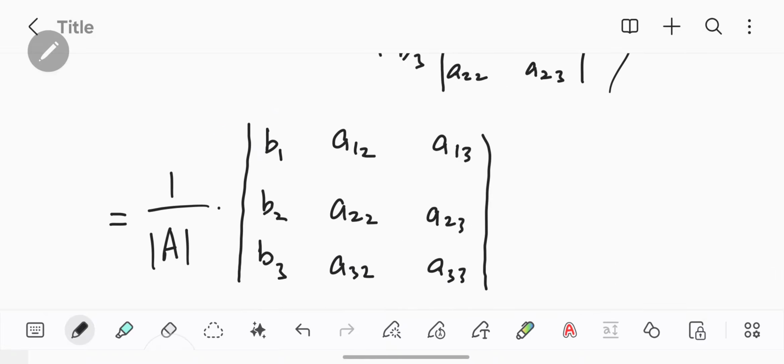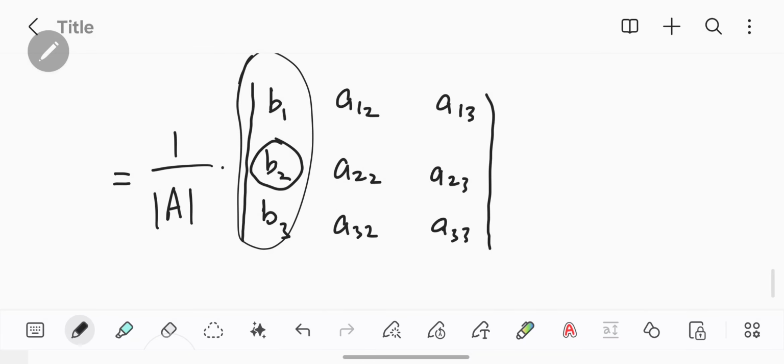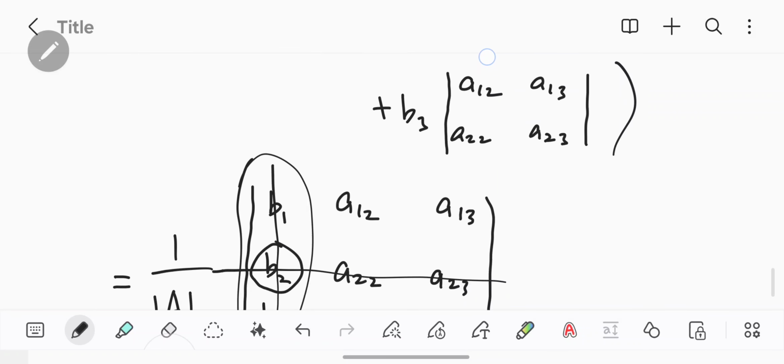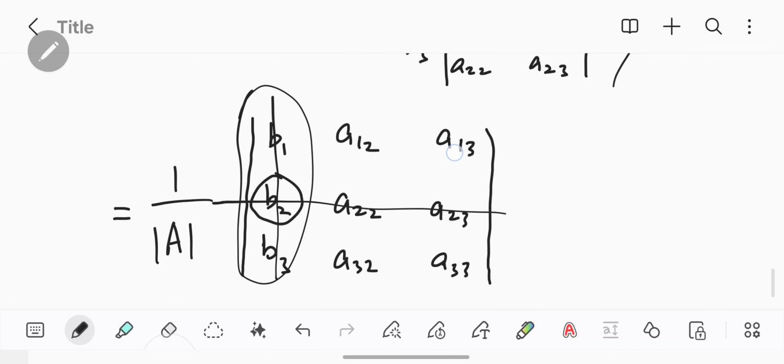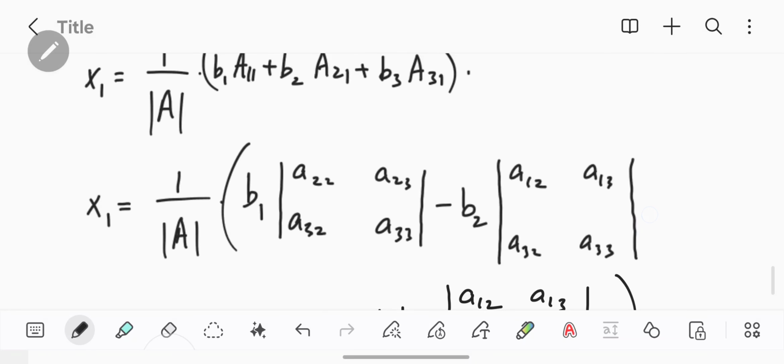Since I am expanding the determinant along the first column, the next term is B2. If I forget about this column and this row, I will write minus B2 times, because minus 1 to the power 1 plus 2 is minus, B2 times exactly the determinant of these two things.